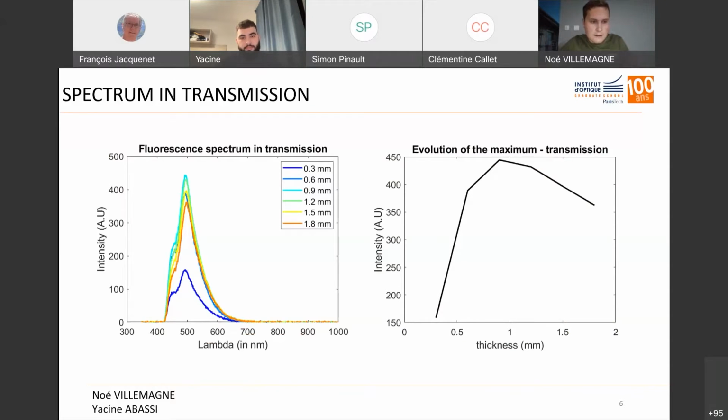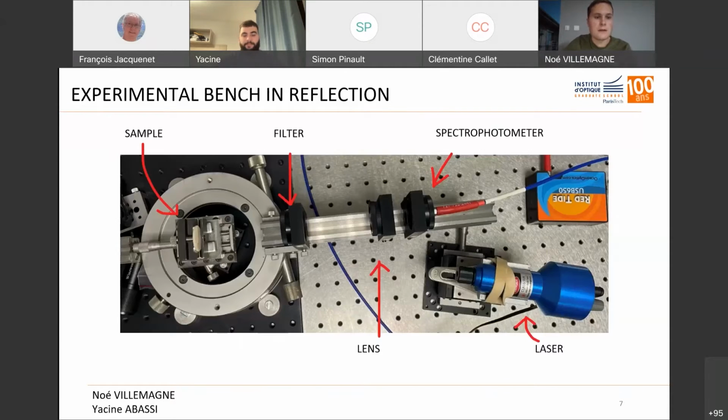You can see that the shape of the spectrum is conserved with the thicknesses, but there is an evolution of the amplitude. On the right, we measure the evolution of the maximum as a function of the thickness, and you will see that it depends according to the extended Kubelka model. So now Yacine will explain the configuration in reflection.